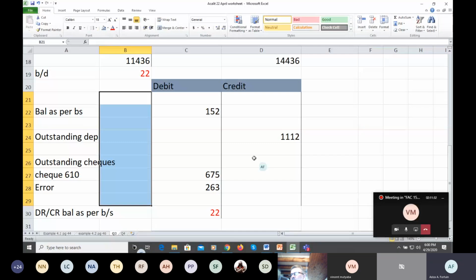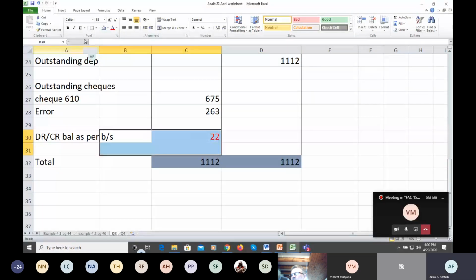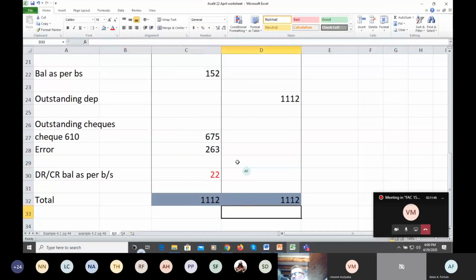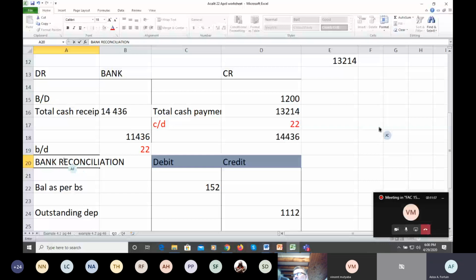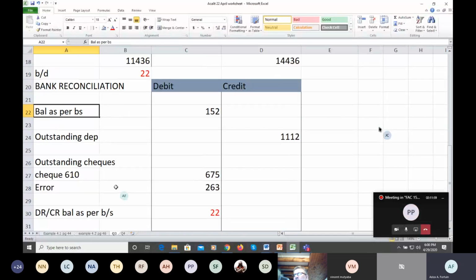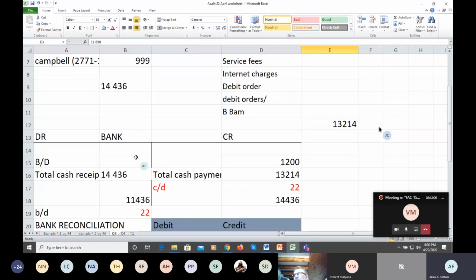Okay. Does this look better now? And this is my bank recon. Okay. Any questions on the bank recon? Any questions on this method? This is just a framework that I create.